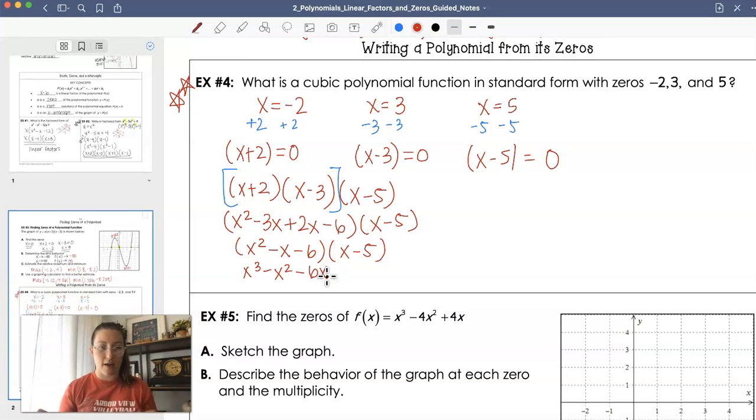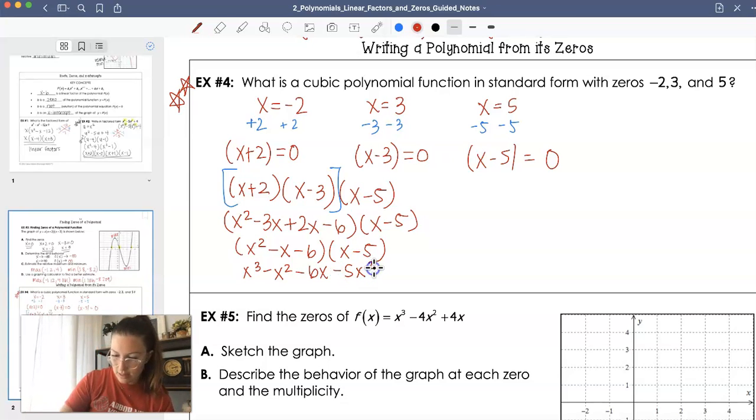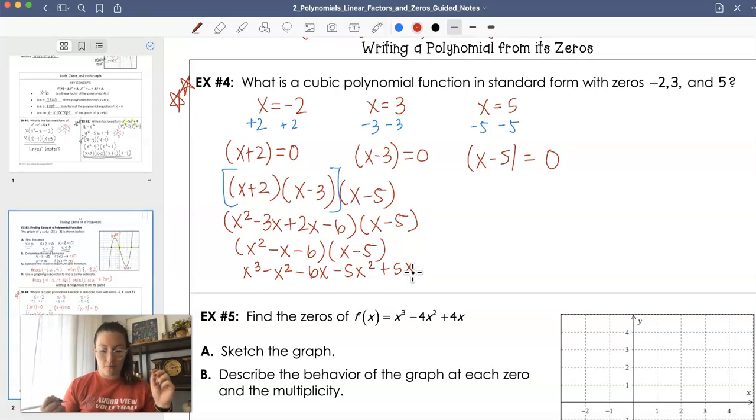Now we're going to do the negative 5. Negative 5 times x squared is negative 5x squared. Negative 5 times negative x gives me a positive 5x. And negative 5 times negative 6 gives me a positive 30.